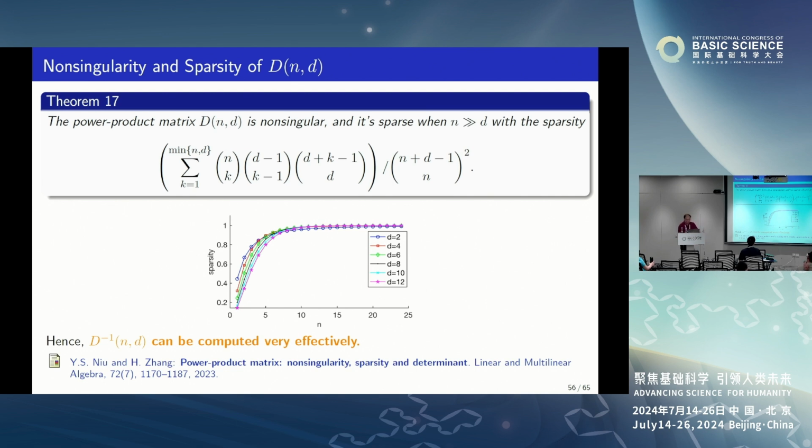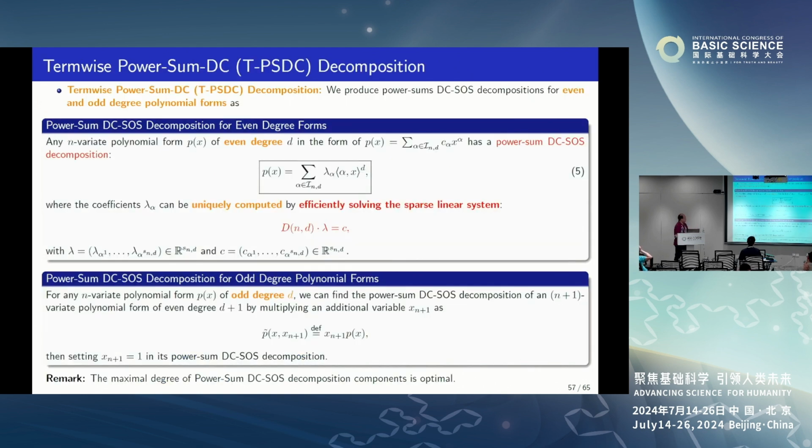Based on this we can construct the decomposition. We call it the term-wise power sum decomposition. Here we separate into even and odd degree polynomial forms. For an even degree polynomial P, we want to construct a power sum of linear forms, where alpha is in the set I_{N,D} and the coefficients we want to compute.